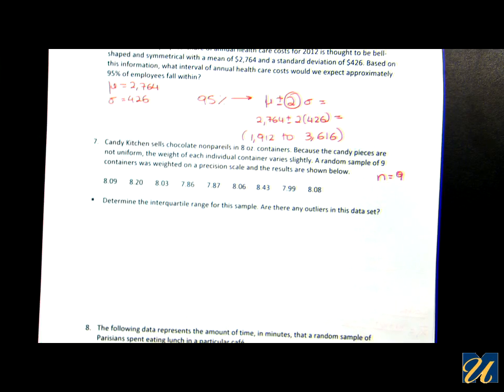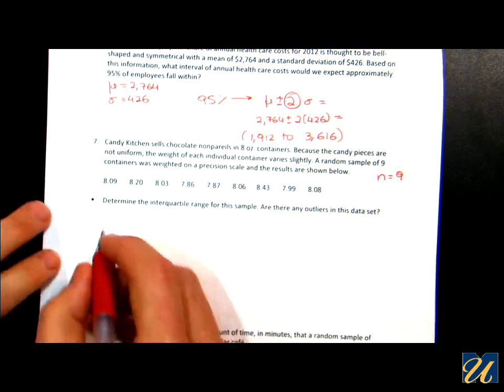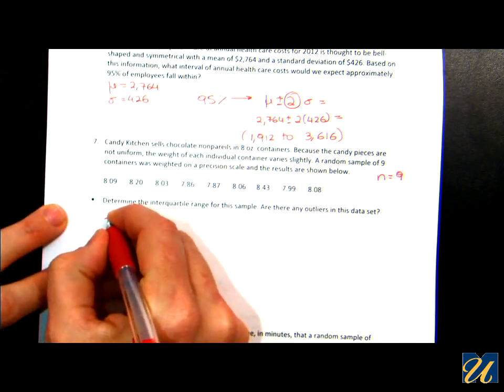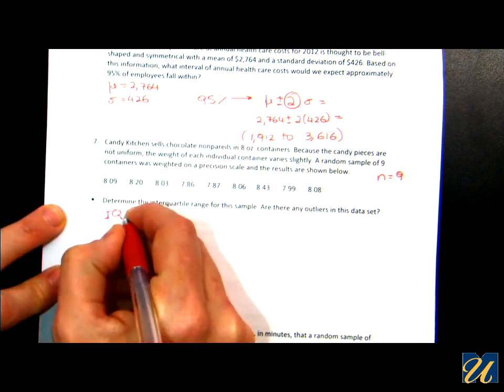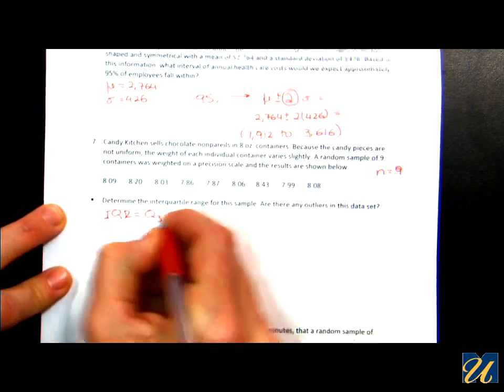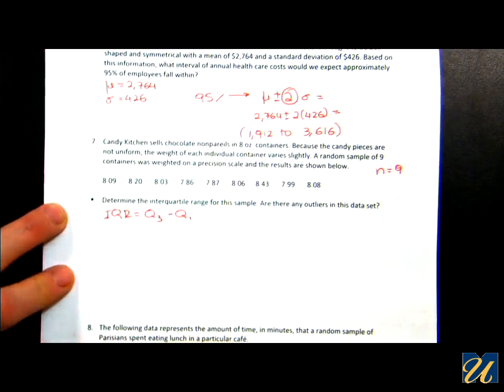Now, to find the interquartile range, we will need to find Q1 and Q3. So, IQR, let's write it down: Q3 minus Q1.